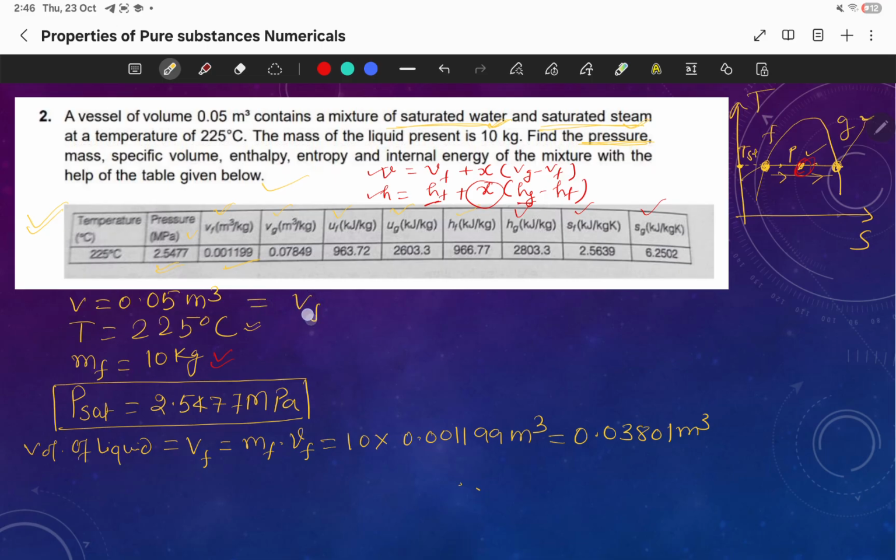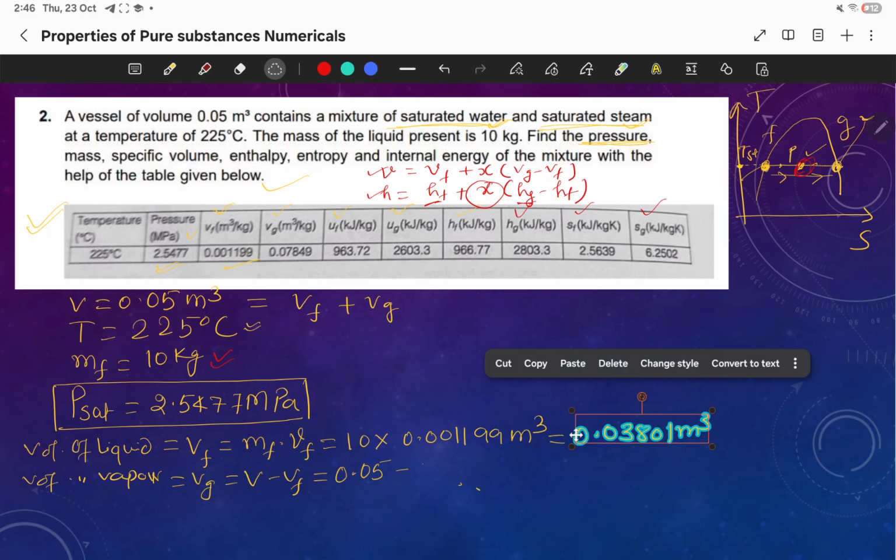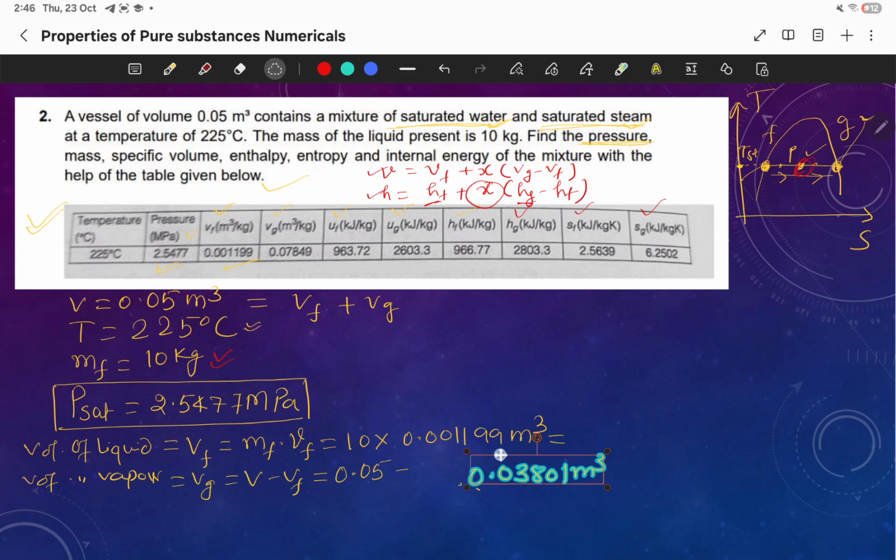And we know that this is the total volume, which will be Vf plus Vg. So volume of vapor will be Vg equals V minus Vf. V is already given, 0.05 minus 0.01199.